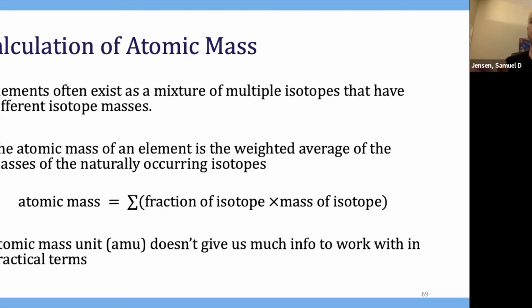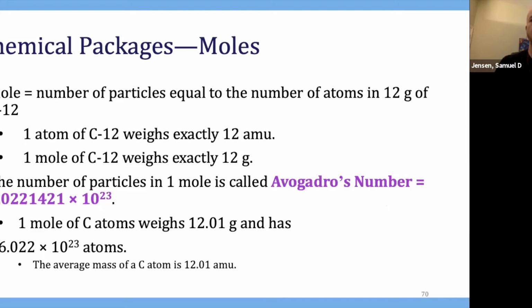But we find that the masses are more than that, that there are fractional values, decimal places. So there is some weighted value. We want to put an actual unit to the number that we see on the periodic table.